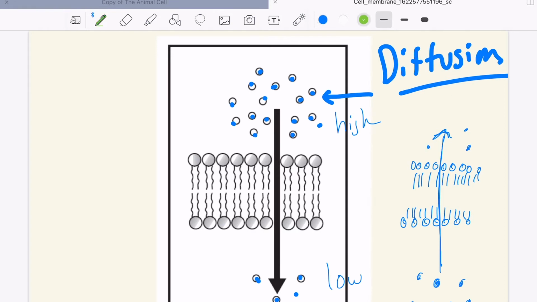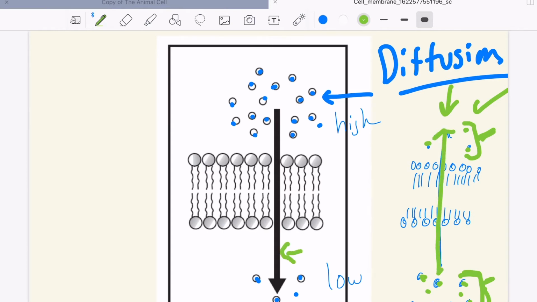Let me actually change the color of my molecules. You see how this is still diffusion? It's an area of high concentration, a lot of molecules moving to a little concentration of molecules, low concentration, high to low. So even though the arrow is going a different way from this one, it's still saying that these molecules are going from high to low. And that is diffusion. All right, let's move on.